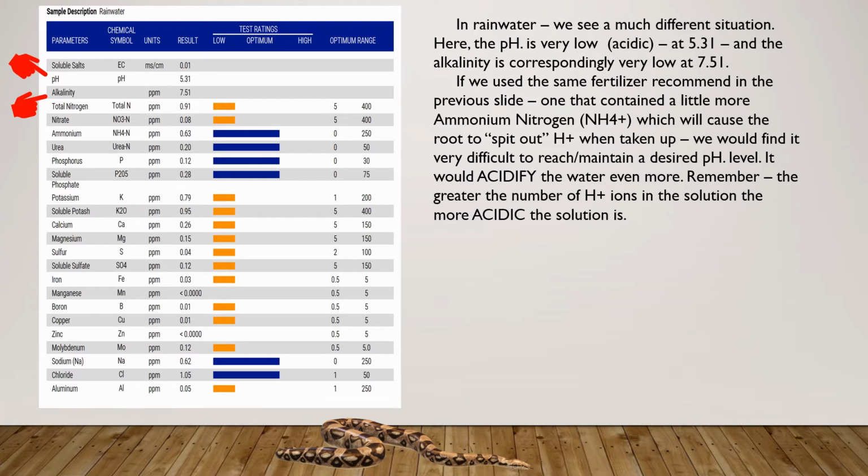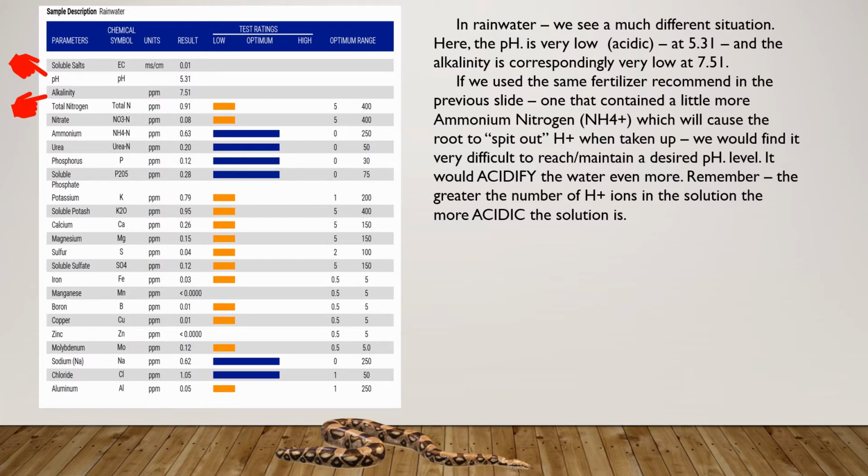In the previous slide, the use of an ammonium nitrogen, which would then release or spit out the hydrogen ions, which would cause a drop in the pH, is something that we would look at as beneficial to bring that pH from 7 maybe down to that 6 range.